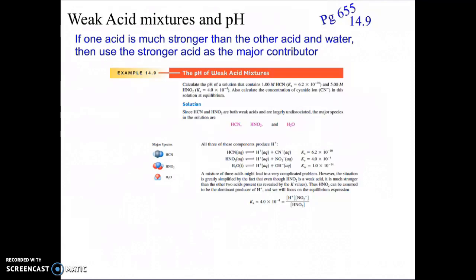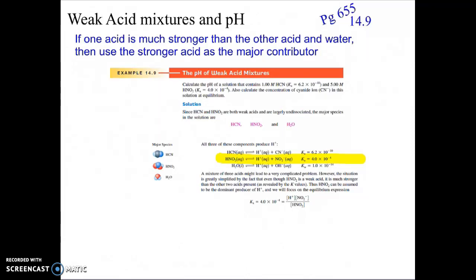The thing to think about, though, is that they're not all that mean to you, because what they will give you is a mixture with very different Ka values. And if you notice here, that would be the Ka value that you have to use. The other ones are so much smaller, you can consider them to be negligible, and you won't have to worry about it.